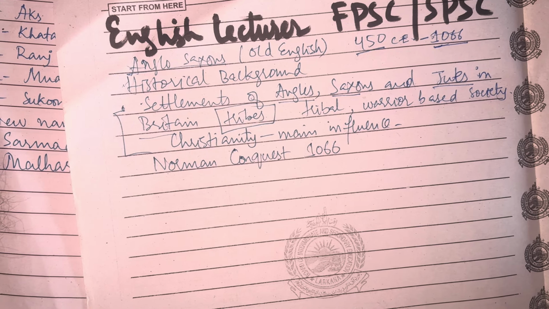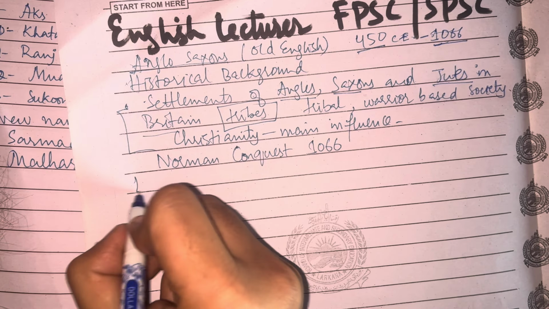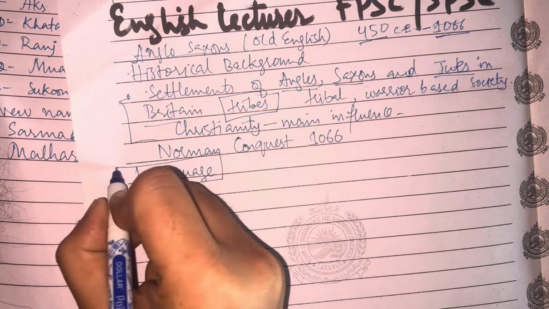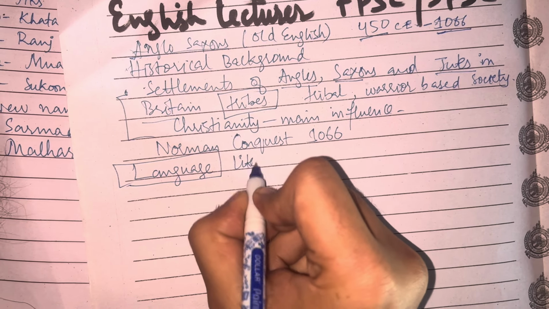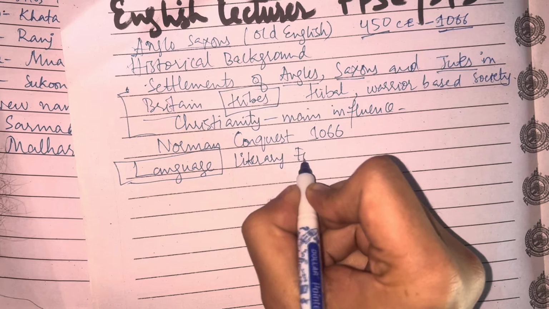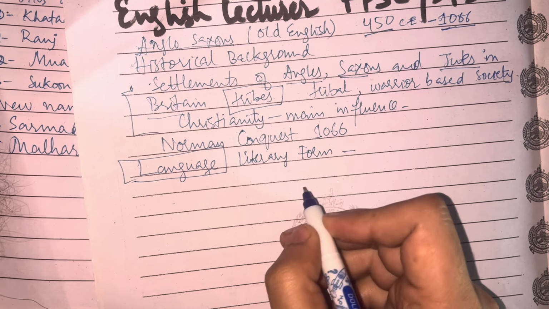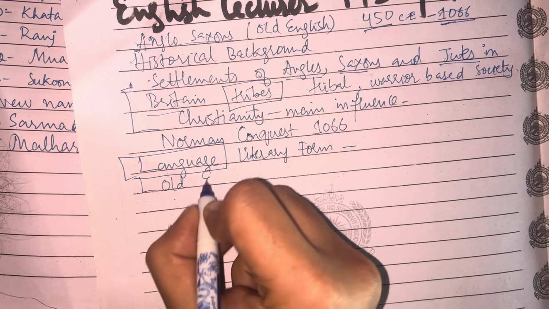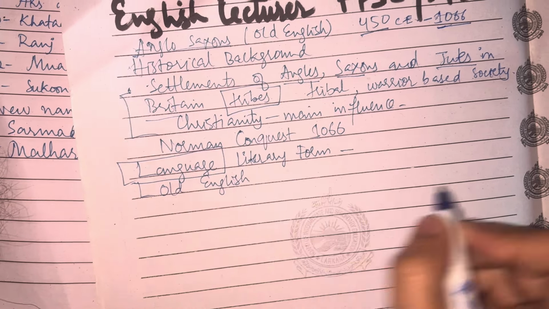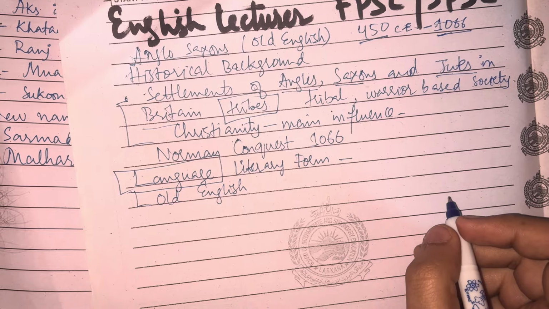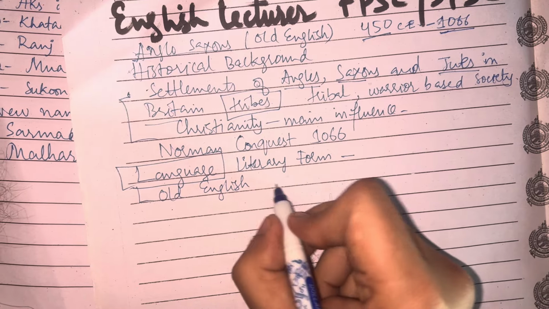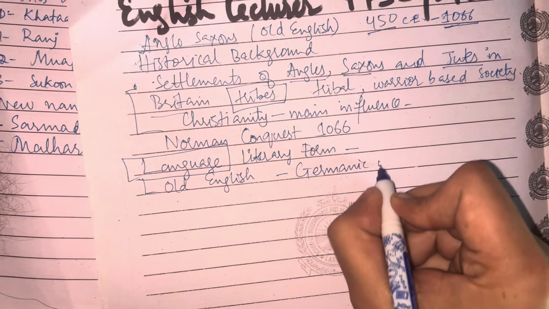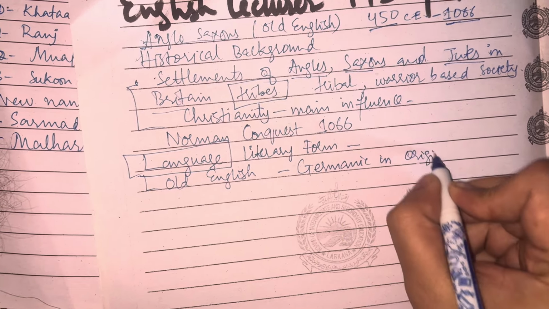The language and literary form in this period: the language is called Old English, and it was Germanic in origin.